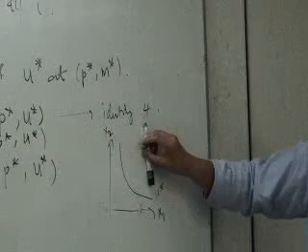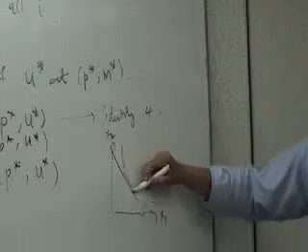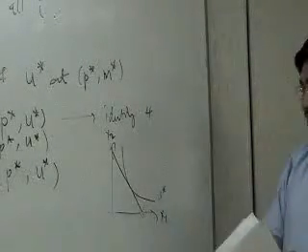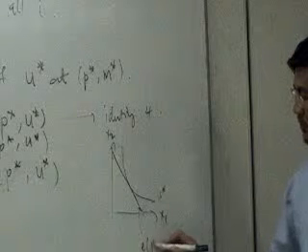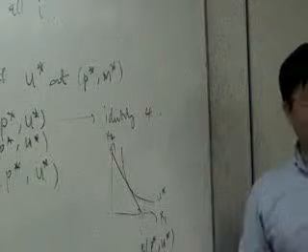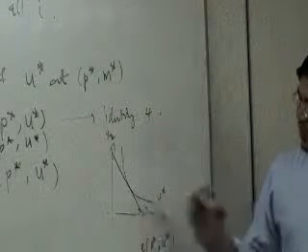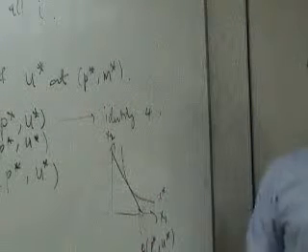You minimize the expenditure. Whatever the minimum expenditure required is, this one is E(P star, U star). But of course, by doing this you choose X2 star, X1 star. No problem, right?